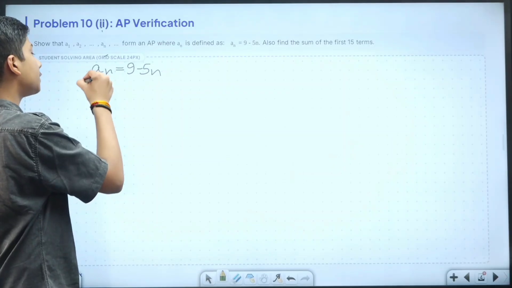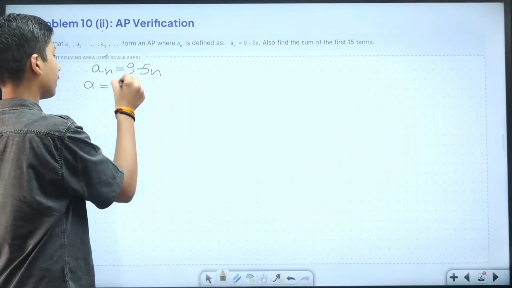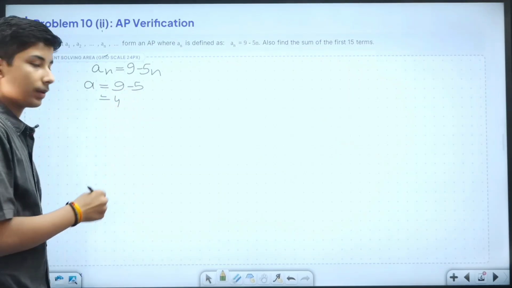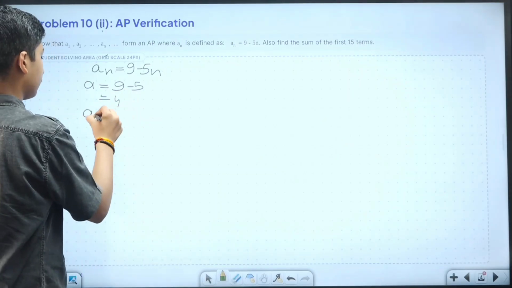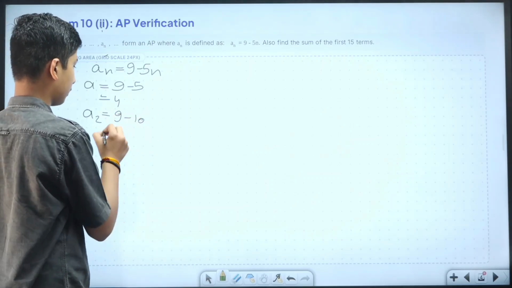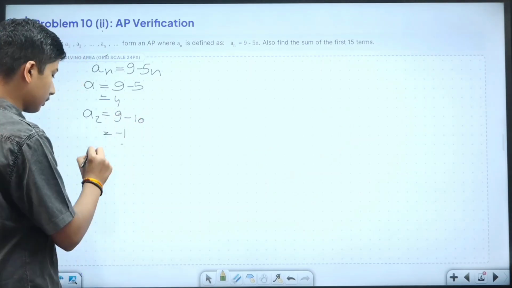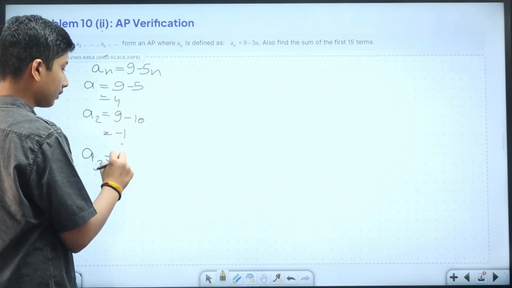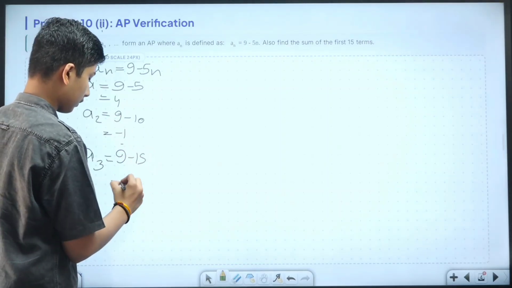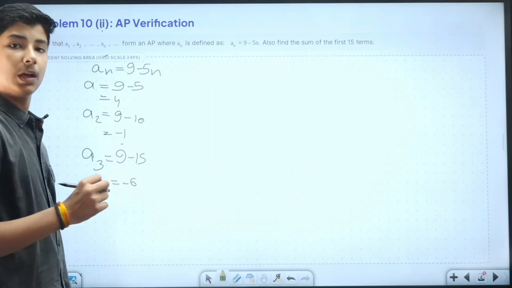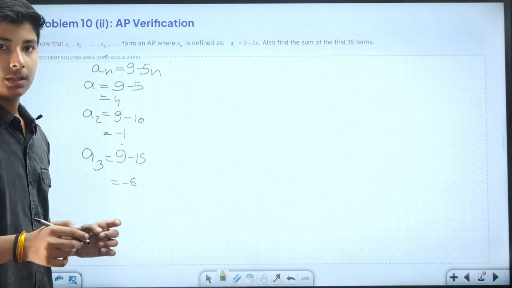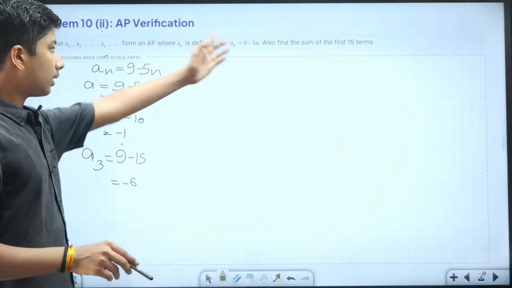Now the first term will be 9 minus 5, 4, and the second term will be 9 minus 10, minus 1. The third term will be 9 minus 15, minus 6. Now we'll just subtract these, and if we get the same difference, then yes, this is an AP.